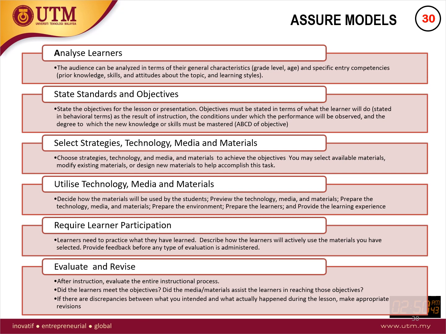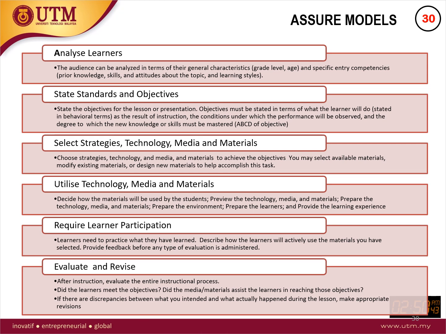And then we select strategies, technology, what media we need to have in this particular class, and then utilize the media, decide how the materials will be used by the students. And then require learner participation. Learners need to participate in what they have learned.